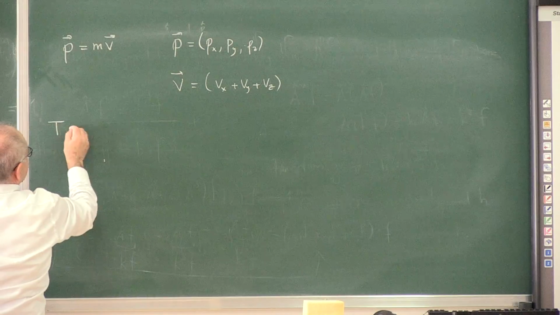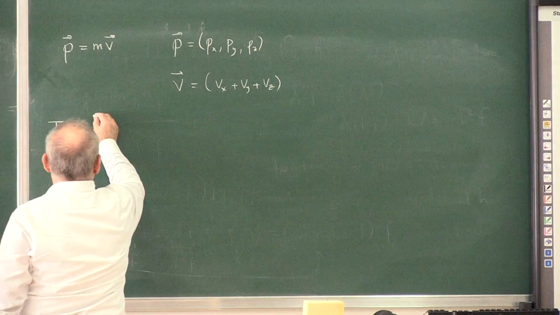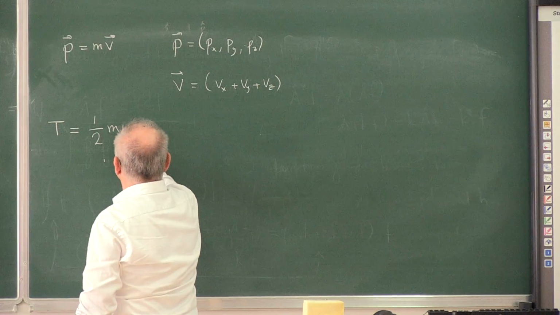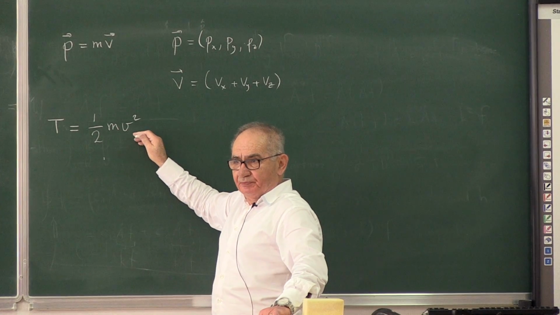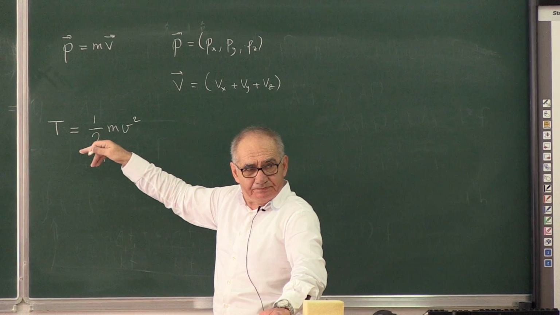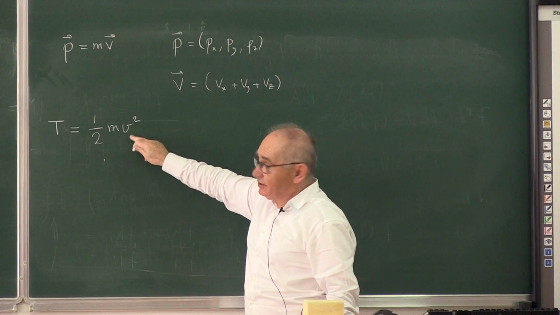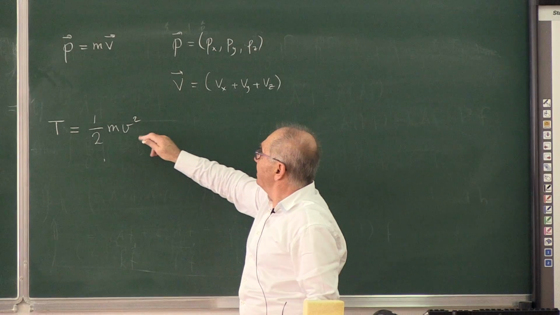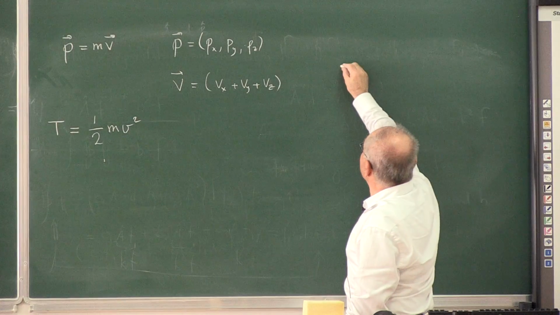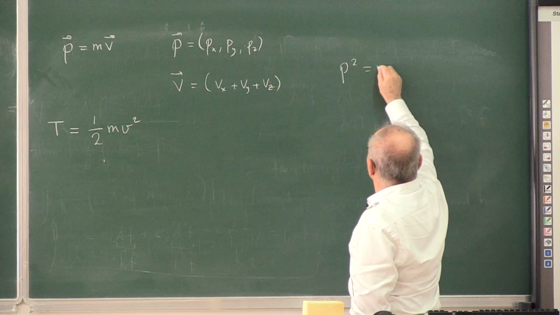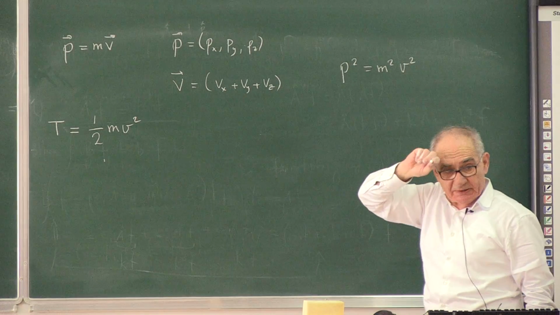Now, the expression for kinetic energy for a single particle can be written either this way, 1/2 mv square, using the speed of the particle, or we may write the same expression using linear momentum, because p square is equal to m square times v square, isn't it?